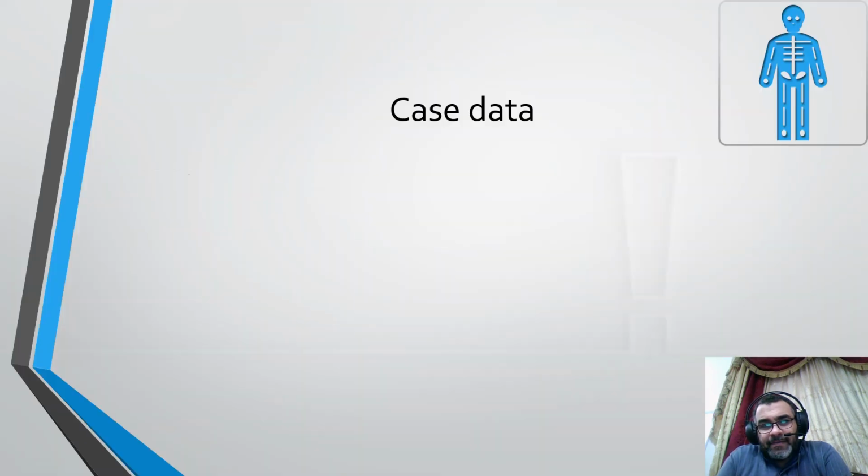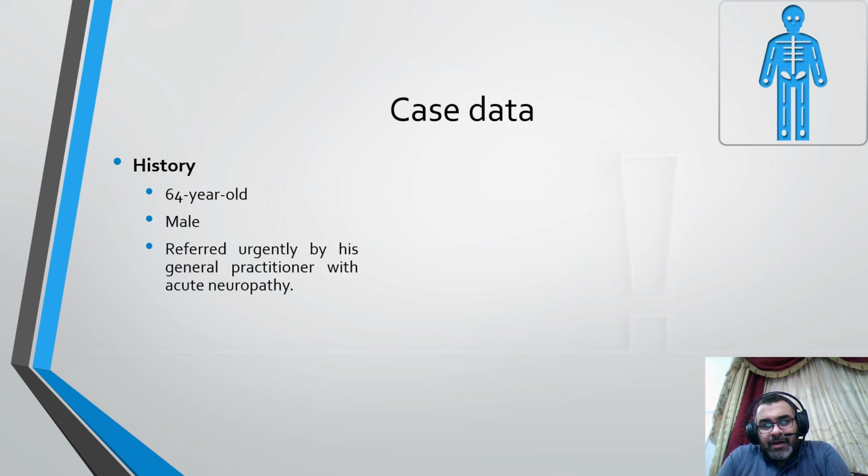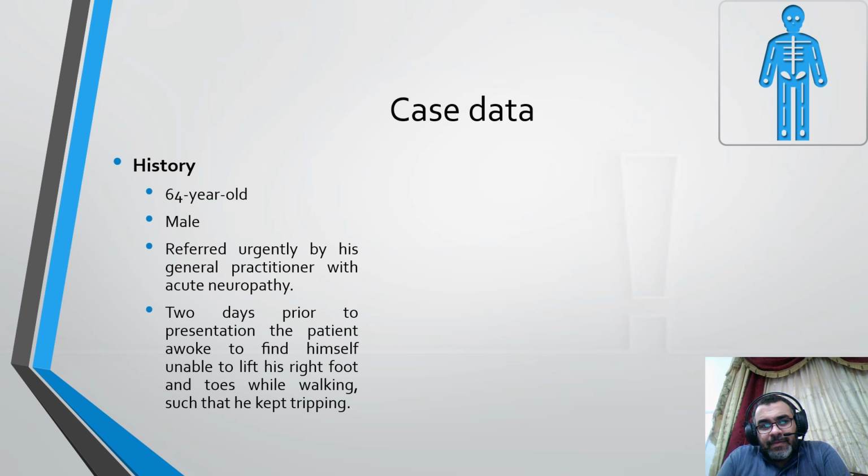Case data: A 64-year-old male referred urgently by his general practitioner with acute neuropathy. Two days prior to presentation, the patient awoke to find himself unable to lift his right foot and toes while walking, such that he kept tripping.